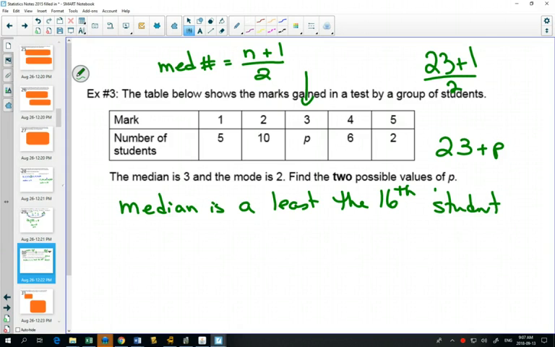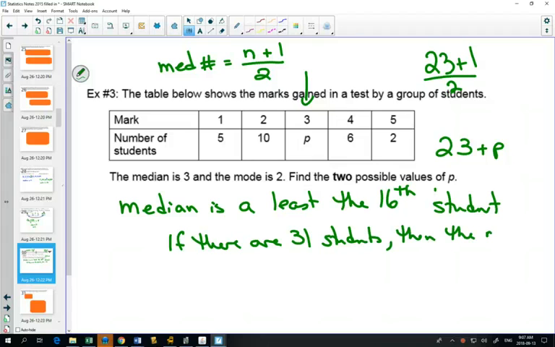If you had 31 students, and I use this formula, does that make sense?